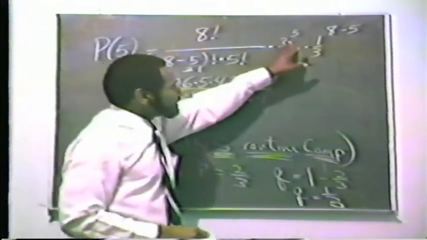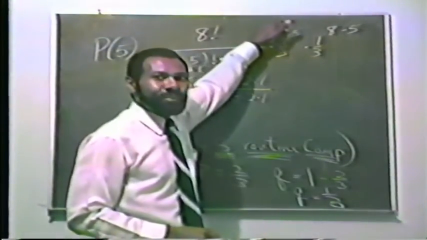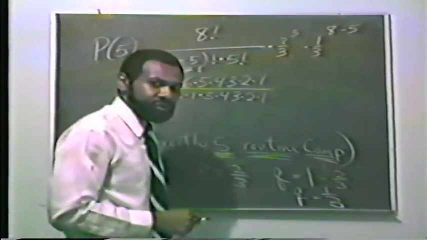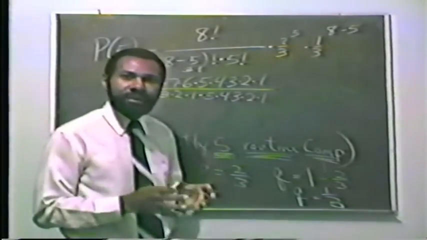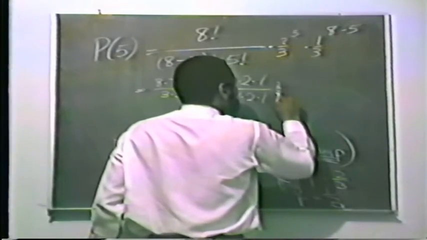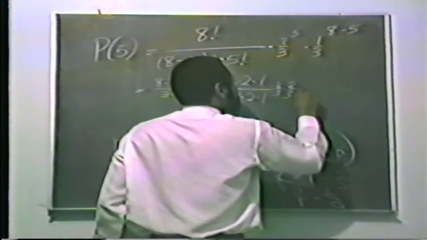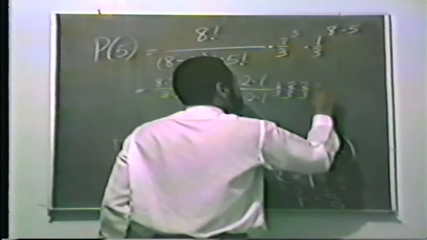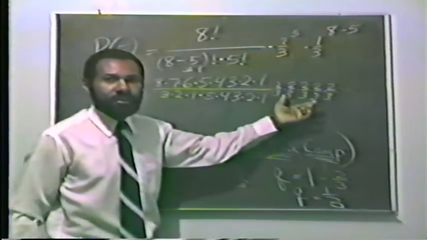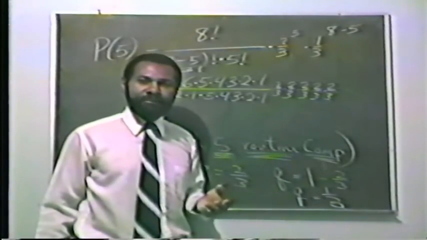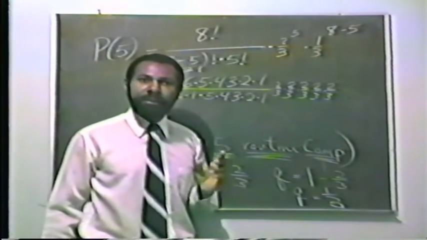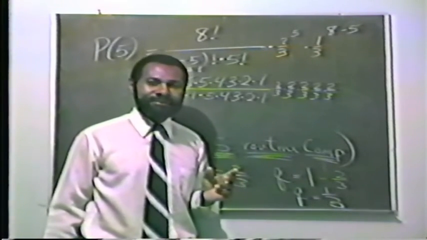Now, for this part of the problem, we have 2/3 to the 5th power. So 2/3 to the 5th power from your study of algebra means that you take 2/3 as a factor 5 times. So you would have 2/3 times 2/3 times 2/3 times 2/3 times 2/3. Now, if you wanted to, you could change the 2/3 into a decimal and round it off to 3 decimal places. 2/3 as a decimal would be 0.667.